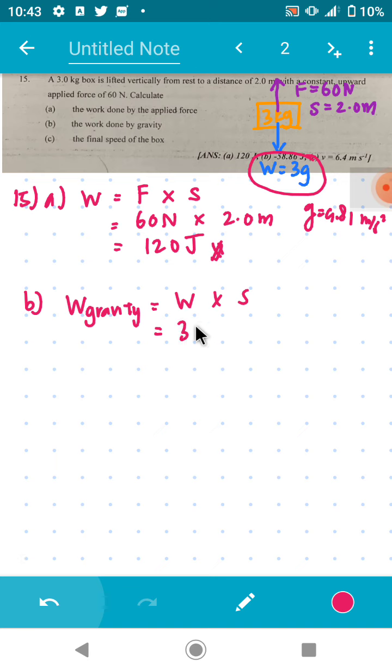M is 3 kilogram, g is negative 9.81 because it is in the downward direction, times s, which is 2 meter. So we get the answer to be about negative 58.86 joule. You need to consider the negative.